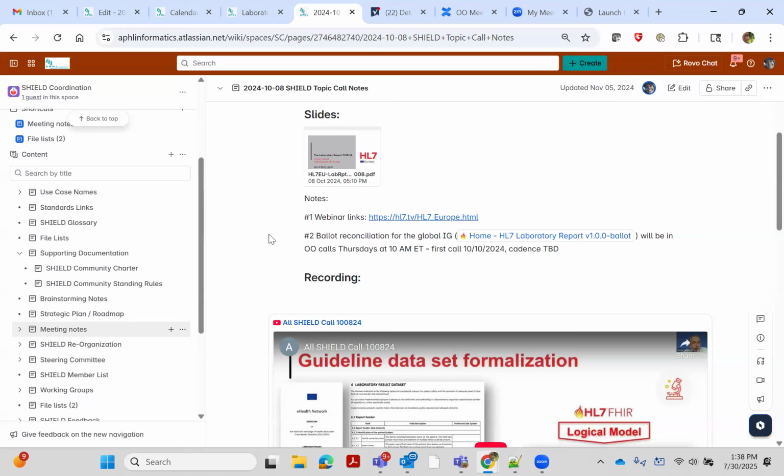But I think the value SHIELD brings over HL7 is that it elevates it to a higher topic, right? HL7 is looking at it from how do we transport this data between people or actors and organizations. But SHIELD is looking at it from a more global perspective, from the healthcare ecosystem perspective, right? So we're looking at how does it look from an IVD vendor perspective?